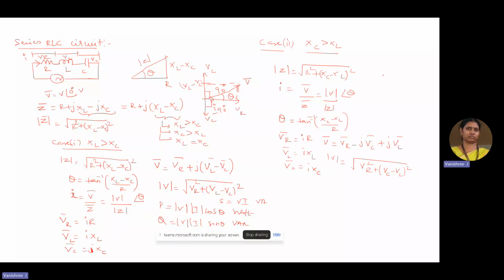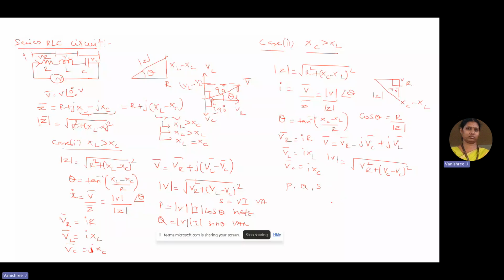And we can draw the impedance triangle such that R is taken along 0 and XC minus XL along an angle of minus 90 degree with respect to R, and the hypotenuse contributes the value of modulus of Z. And in all the circuits, cos theta will be given by R by modulus of Z, which gives a measure of power factor. Then the real power, reactive power, and apparent power can be calculated with the same equations as we have seen for all the other circuits just before.